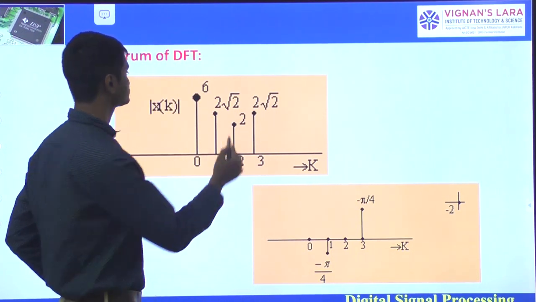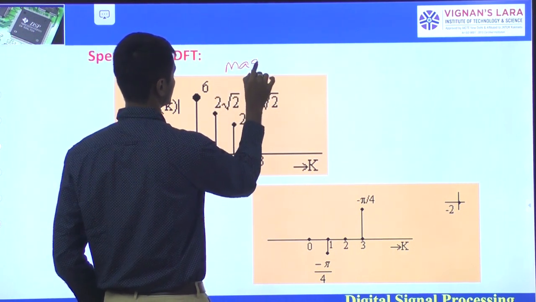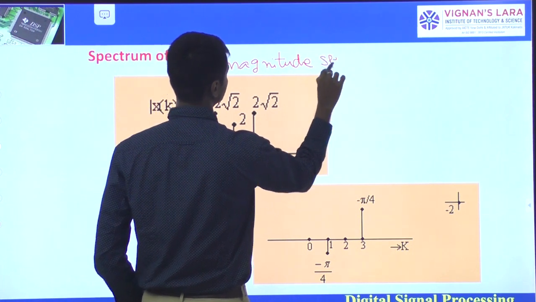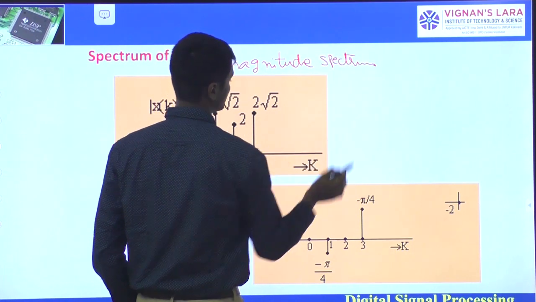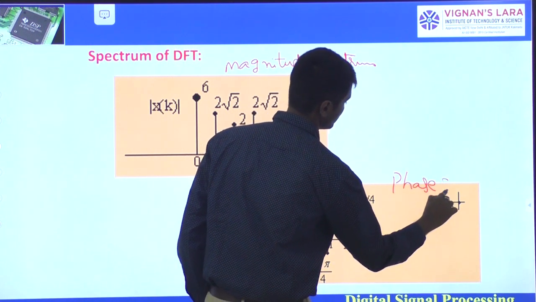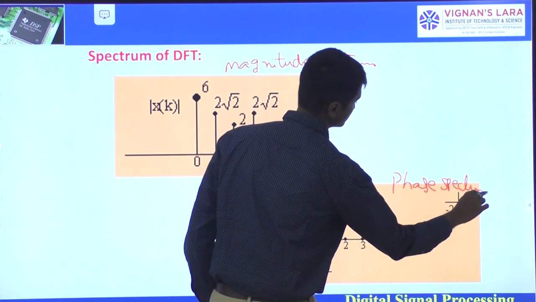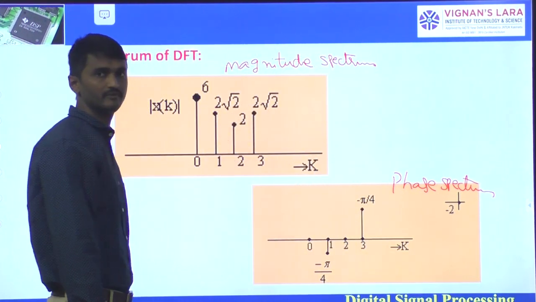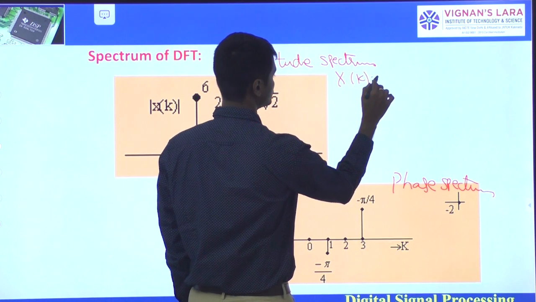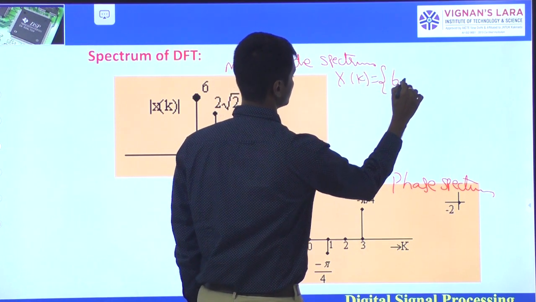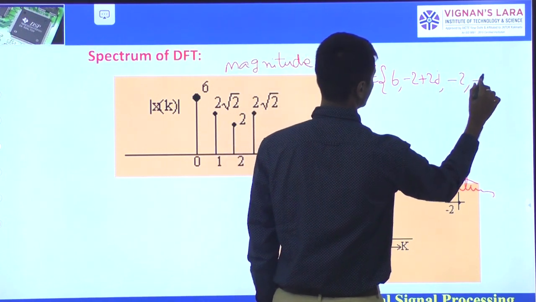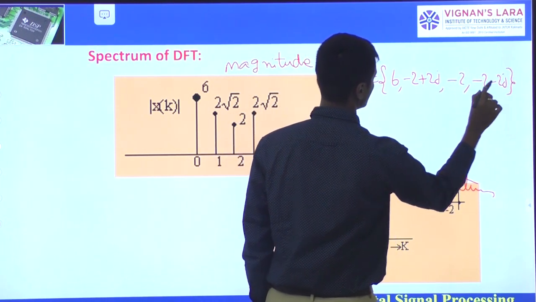So spectrum in the sense, magnitude spectrum as well as phase spectrum. There we got X of k equal to 6, minus 2 plus 2j, minus 2, minus 2 minus 2j.